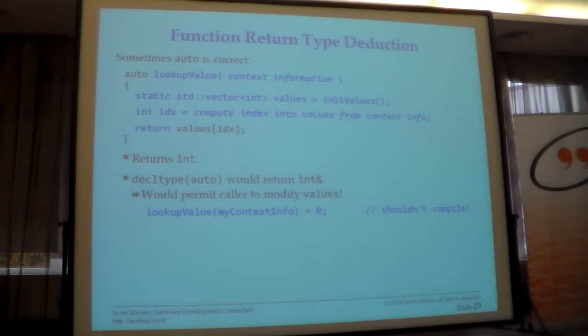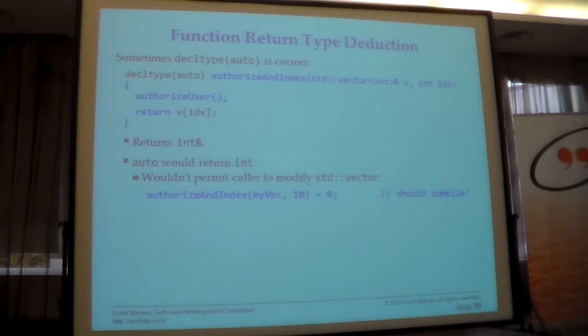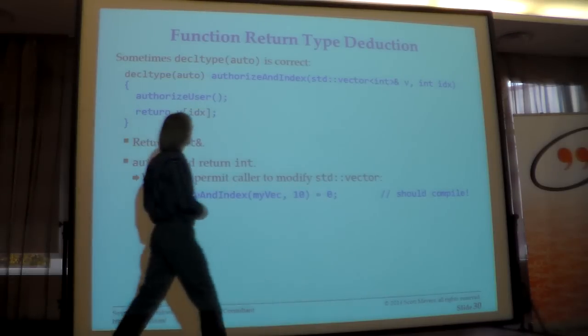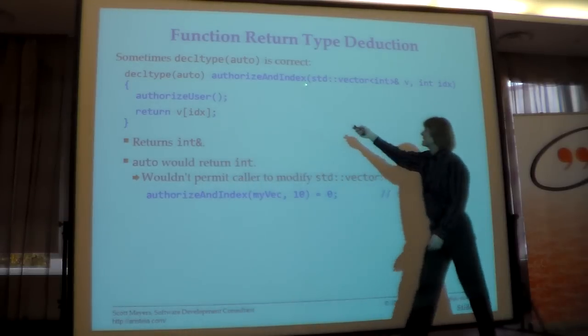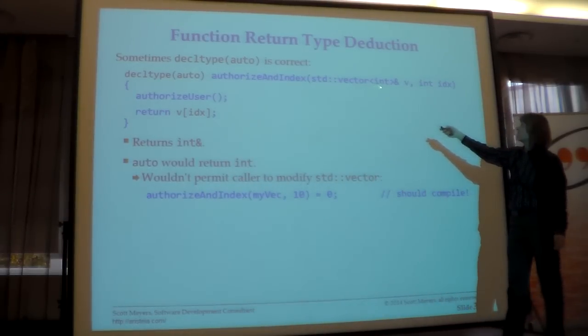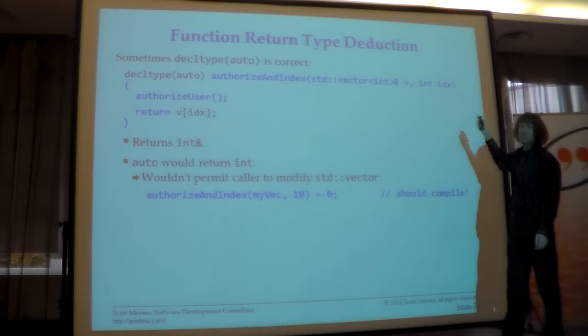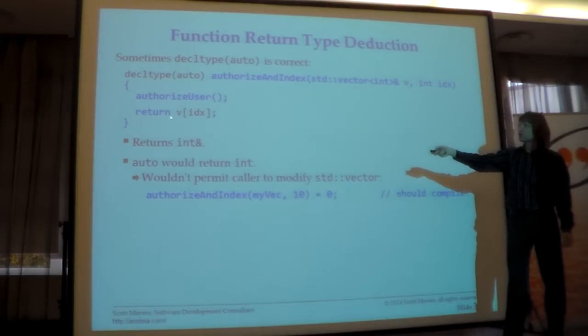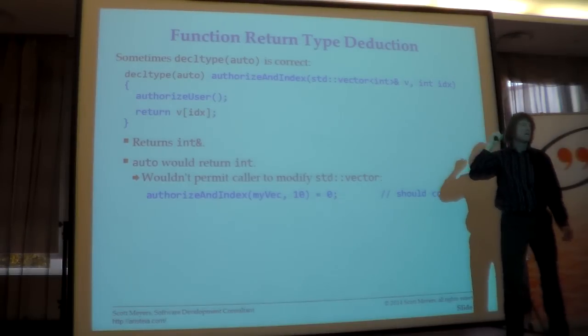Now, on the other hand, sometimes you actually want a reference to be returned. Here's a function authorize and index. It takes a vector of int and some index. It authorizes the user and then returns v sub idx.